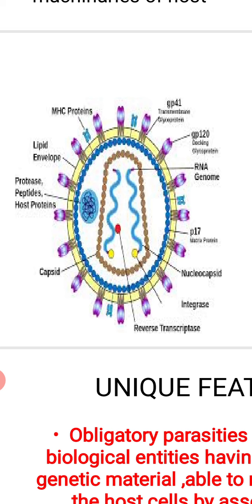It is really complex. It has these spikes, GP41 and GP120, and it has an RNA genome. The nucleocapsid is there and the reverse transcriptase enzyme is there. So this is the structure of a retrovirus.